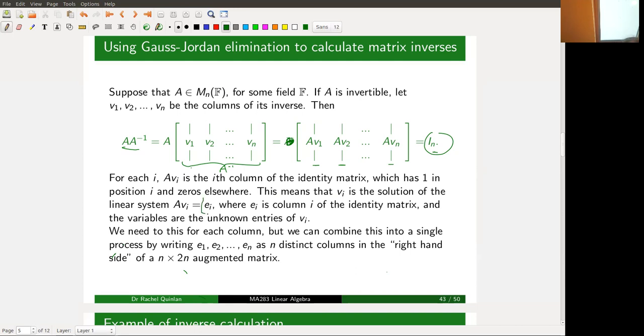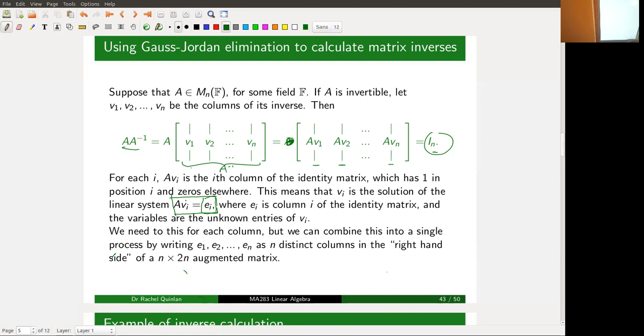That vector, incidentally, is often referred to as ei, just the vector that has 1 in position i and 0s everywhere else. So what we're saying here is that the ith column of the inverse of A is a solution of the linear system that says matrix A multiplied by vi is equal to ei, the ith column of the identity matrix.